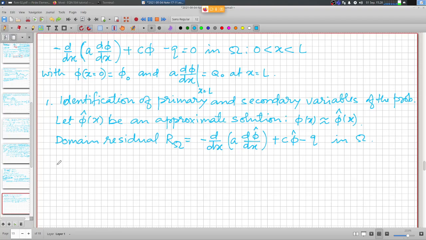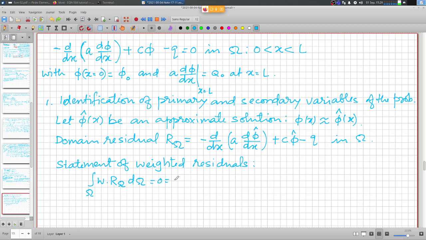But we can establish the weighted residual statement, because we want approximate solutions to be such that the error vanishes in the weighted average sense. So the statement of weighted residuals is integration over omega of w r omega d omega is equal to 0.